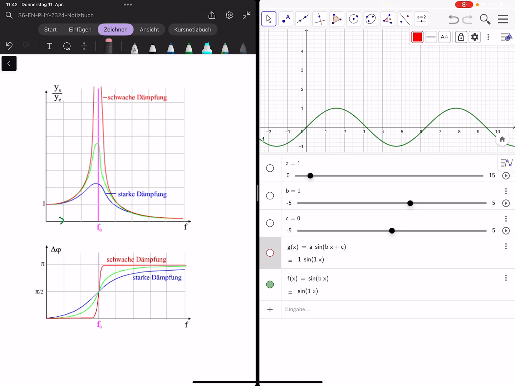It only depends on the length of the pendulum and the small g. But this is everywhere on Earth more or less the same.